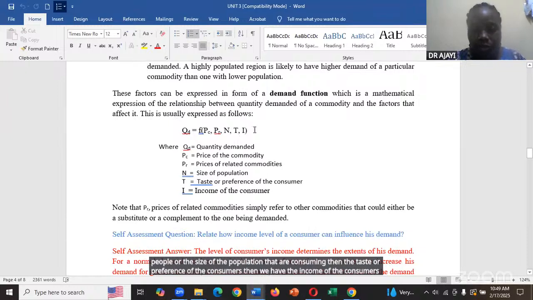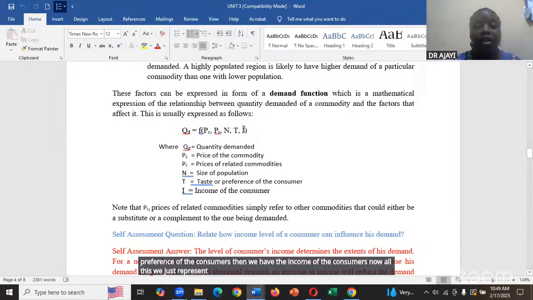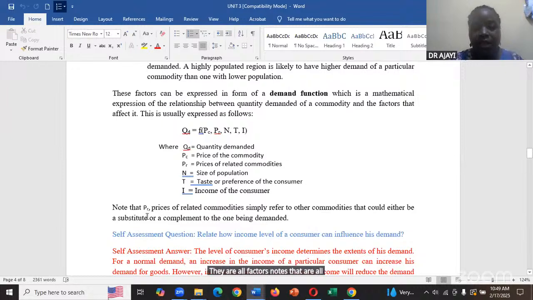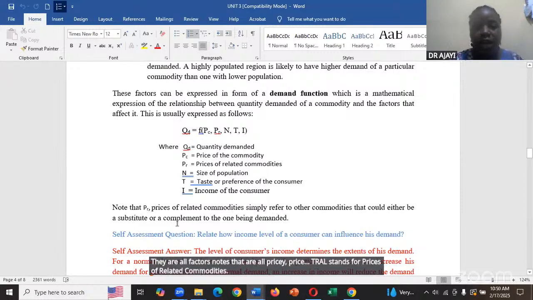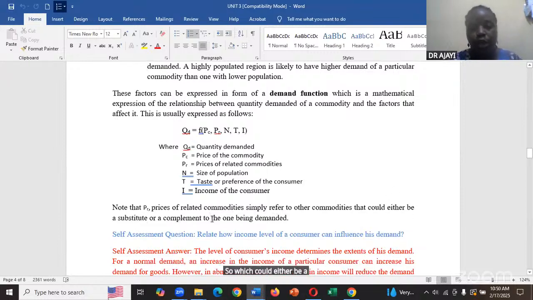All these, we just represent with arbitrary letters. They are all factors. Note that PR stands for prices of related commodities, which could either be a substitute or a complement to the commodity.